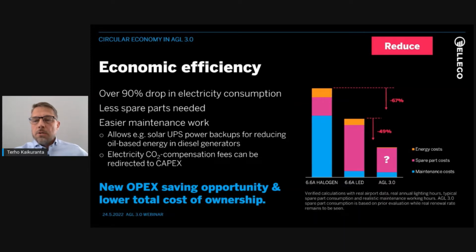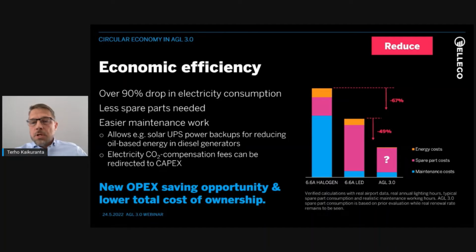And to our understanding and estimates, the spare part consumption is the majority of the cost improvement, what's now available with this AGL 3.0. So it's not only the energy consumption. It's mainly about the spare part cost and maintenance work related to that. And that will, of course, save OPEX budgets and total cost of ownership.